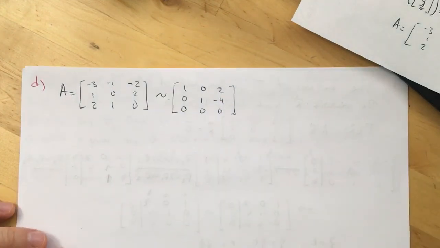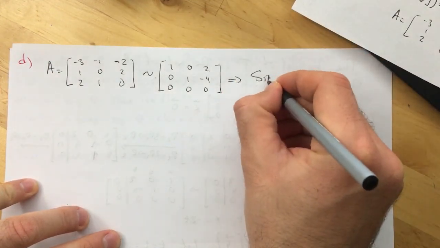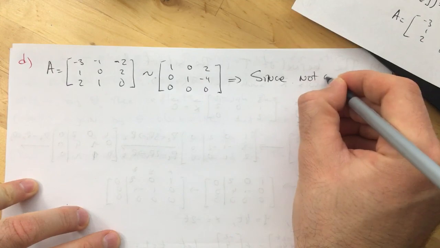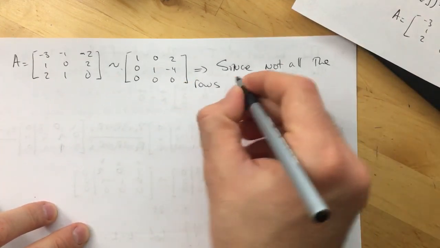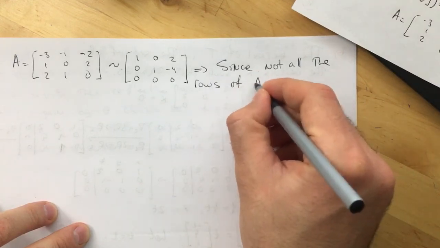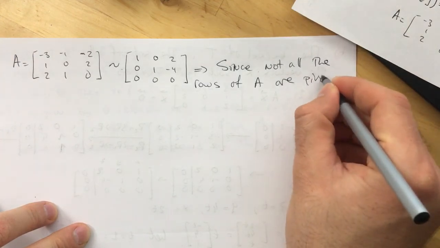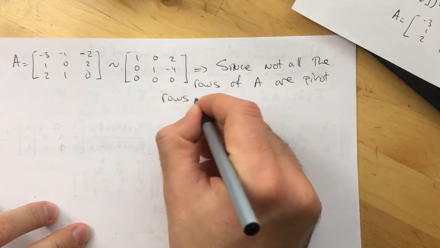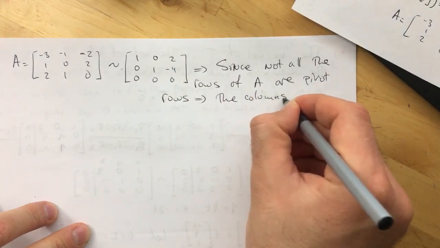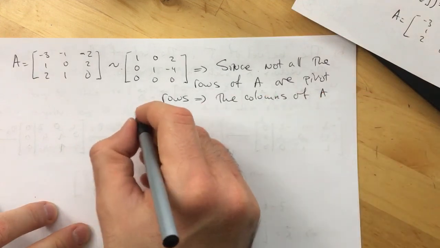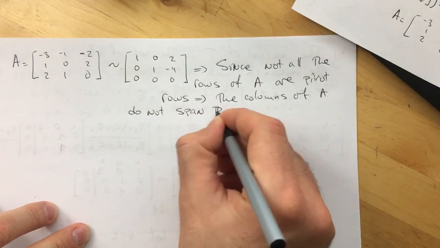So by that very useful theorem 4, since not all the rows of A are pivot rows, this implies that the columns of A do not span R3.